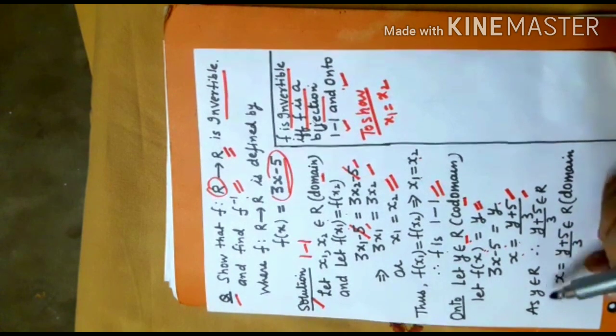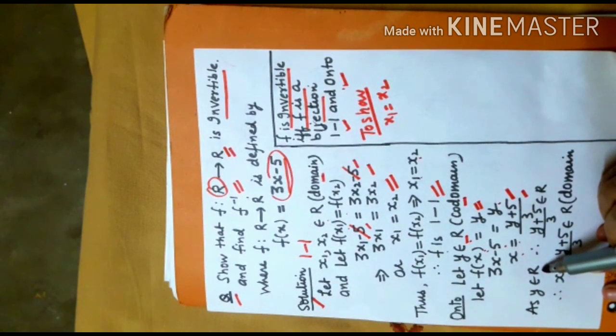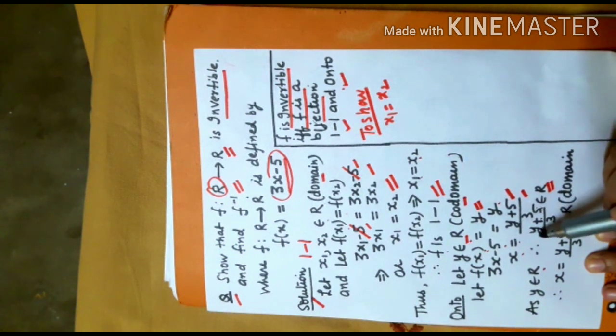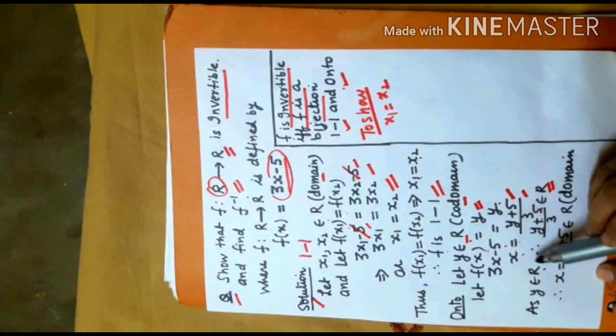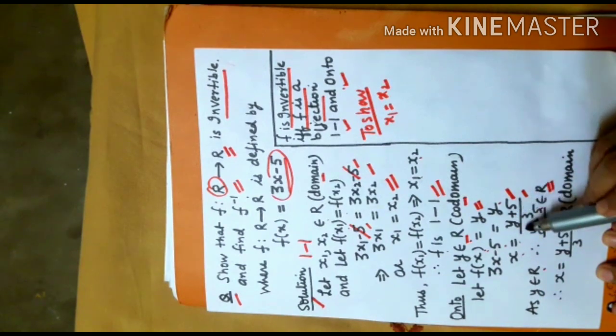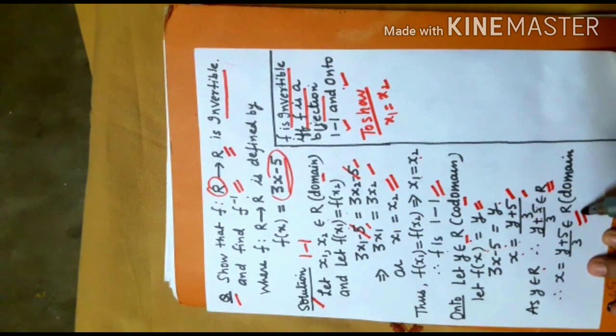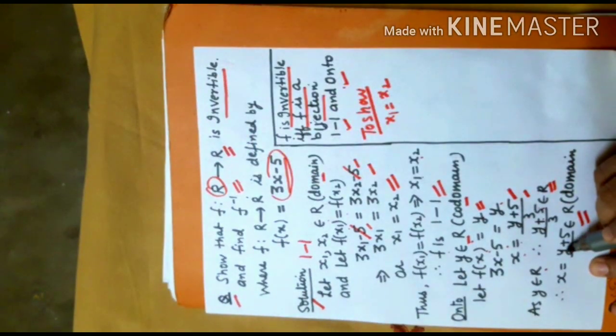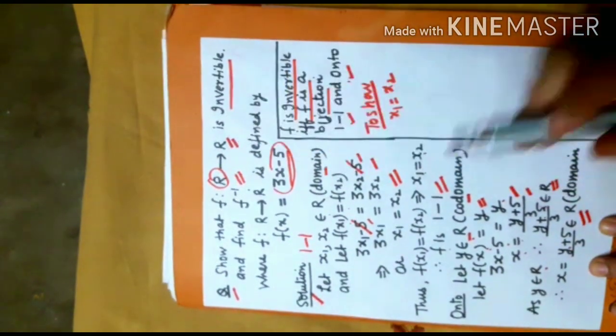Now look here. As y belongs to R, therefore (y + 5)/3 will also be a real number, because a real number plus a real number divided by a non-zero real number will be a real number. Therefore, x, which is equal to (y + 5)/3, will belong to R, that is the domain, for every y which lies in the codomain.